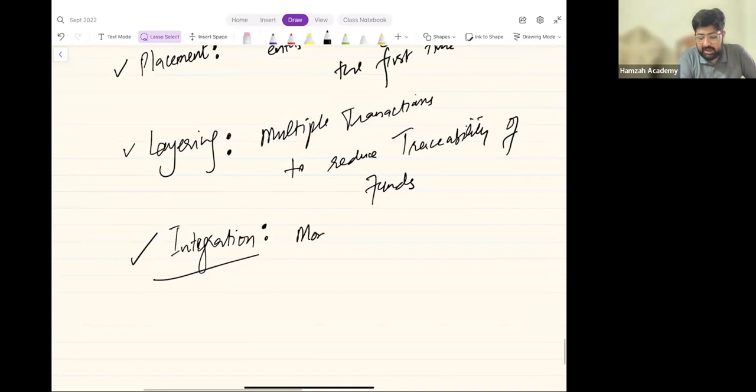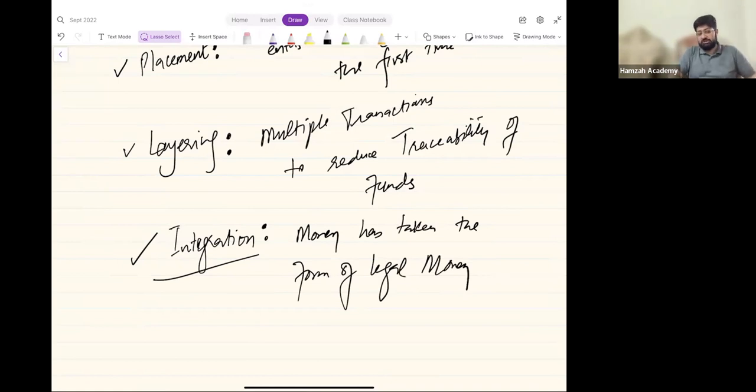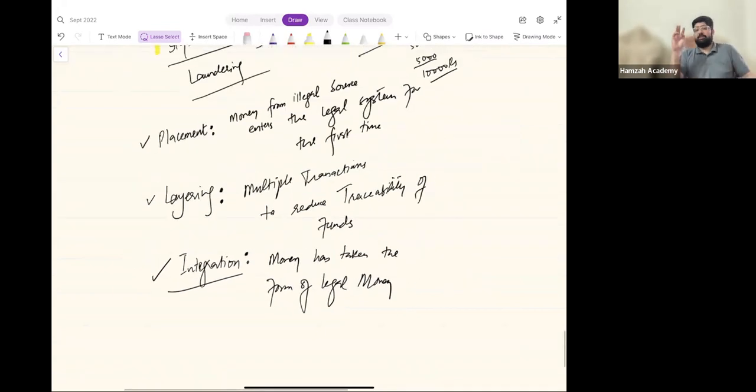Now, the money has taken the form of legal money and will be used for expenditures, for investments, for buying assets, etc. So students, these are the three steps through which money laundering takes place.